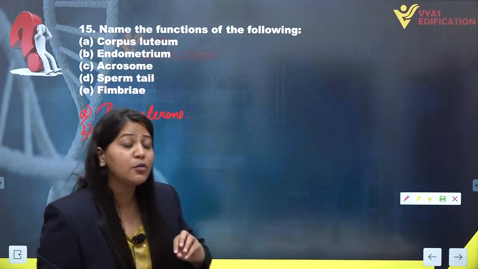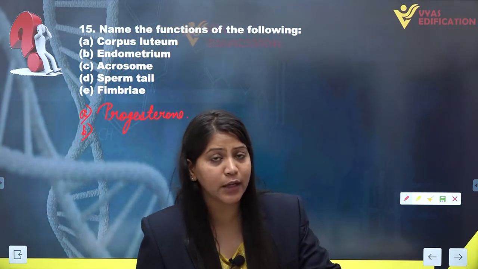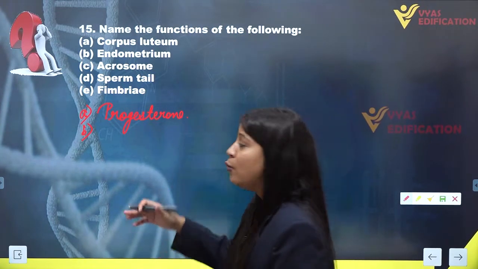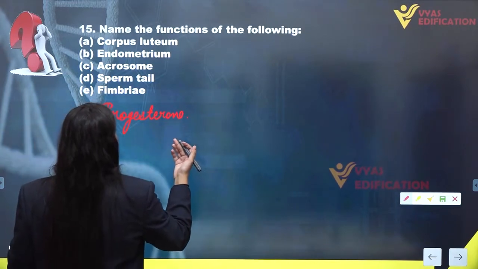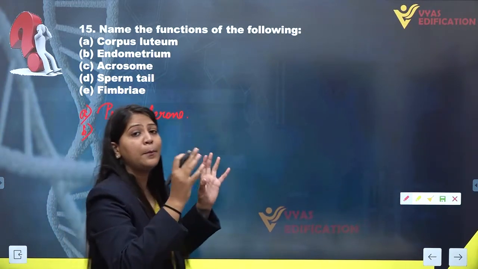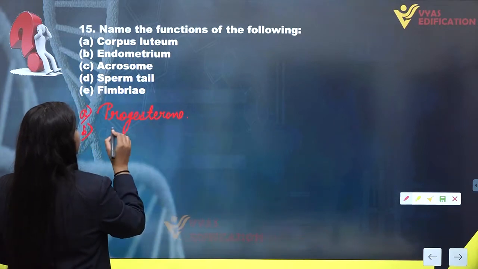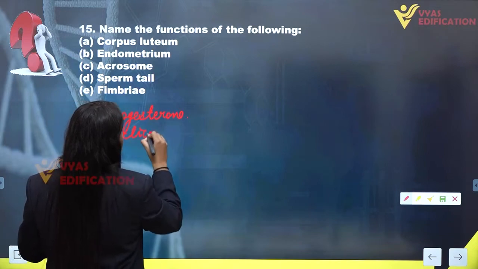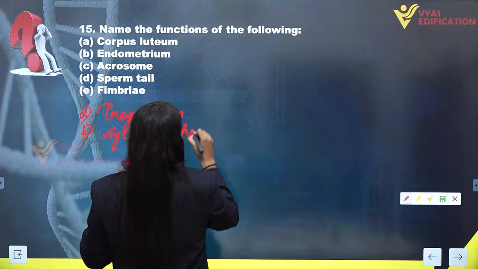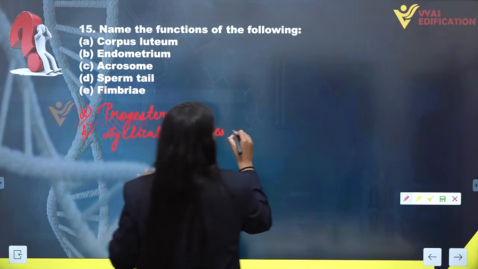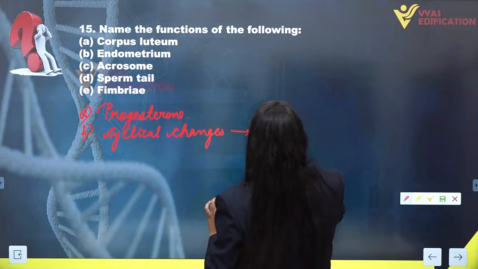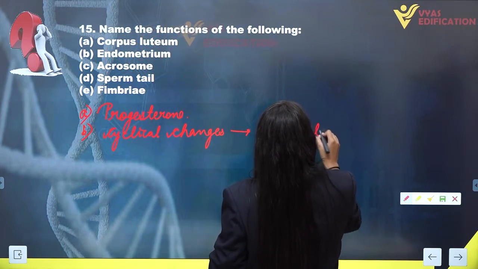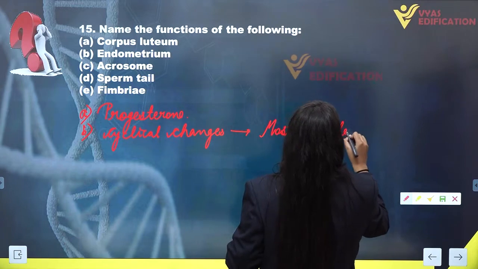Endometrium is the innermost layer or lining of the uterus, and it undergoes cyclical changes which result in the menstrual cycle, and it also helps in pregnancy. So the endometrium lining undergoes cyclical changes, which serve as the menstrual cycle or menstruation.